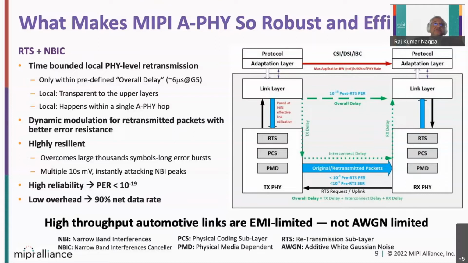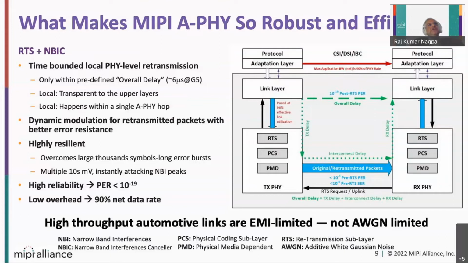The beauty of this physical layer is it is supporting retransmission, and it is supporting NBIC. So retransmission: if there is a failure in the packet detected, then my sink can request a specific packet to be retransmitted, that is retransmission.